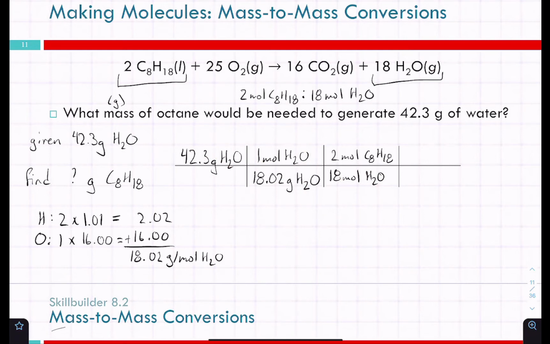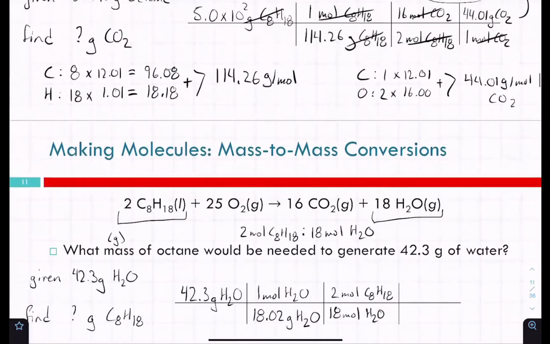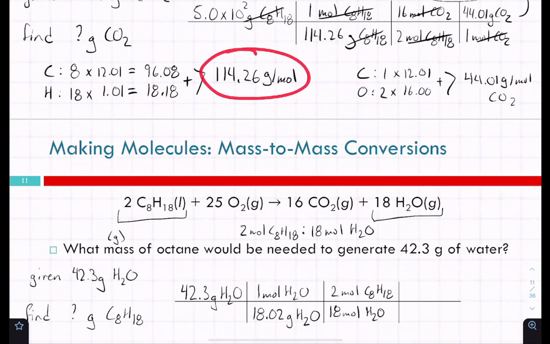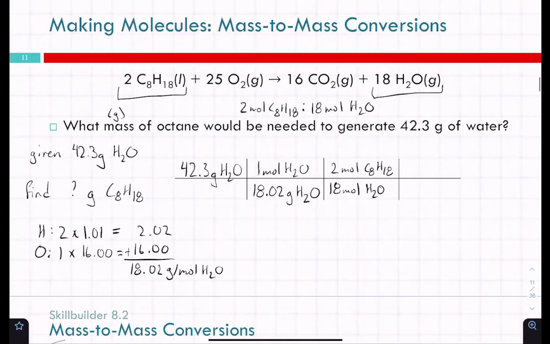Or moles of octane to grams of octane. Someone new? Find the molar mass of octane, which, fortunately, we've already done. That's up here. So we can take that 114.26 grams per mole of octane.